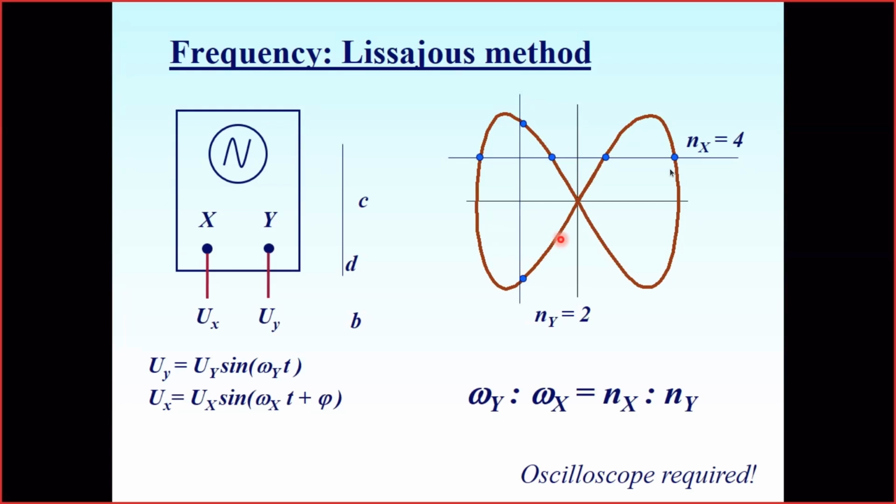Well, this figure is one of such kind of figures. They are all named Lissajous figures, because Lissajous was the first physicist who described such figures. And we may use these figures to compare an unknown frequency with a reference frequency.